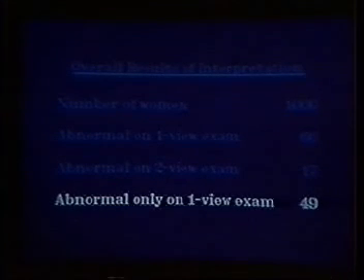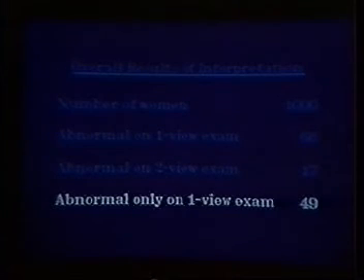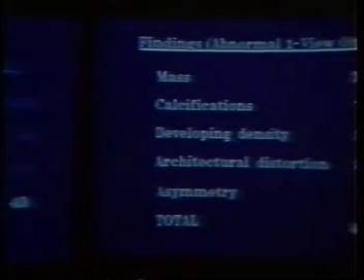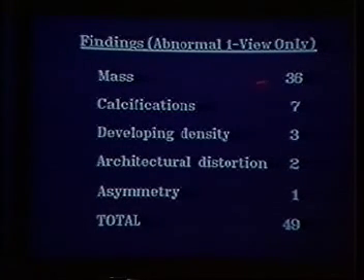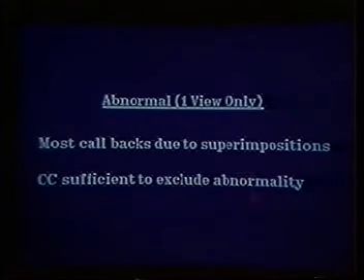Well, the vast majority of these were masses, and the vast majority of these worked out to be superimpositions. Just about all of the masses and the developing densities and areas of architectural distortion were all superimpositions. Some of the calcifications were also superimpositions. And the craniocaudal images were sufficient to exclude the presence of abnormality.